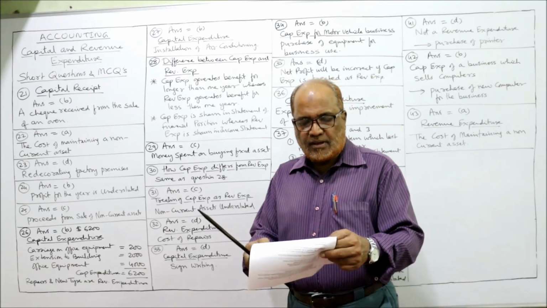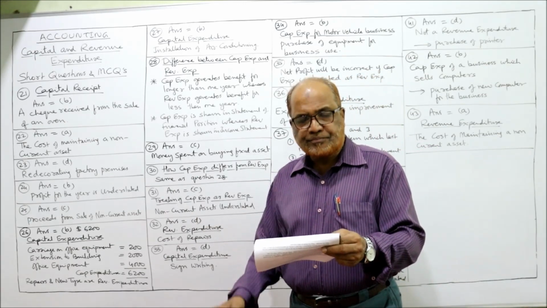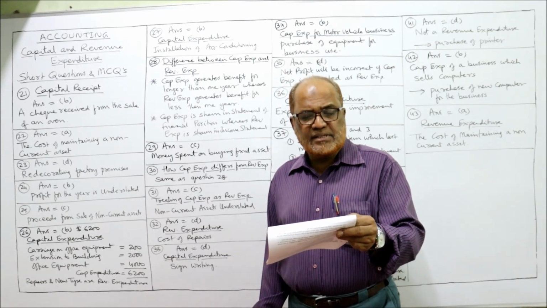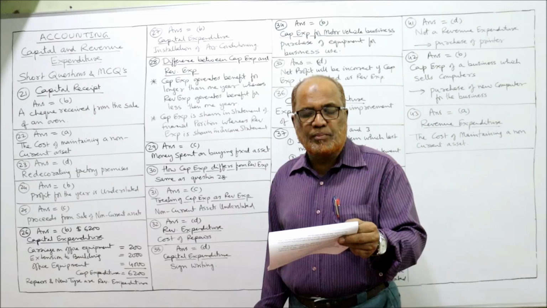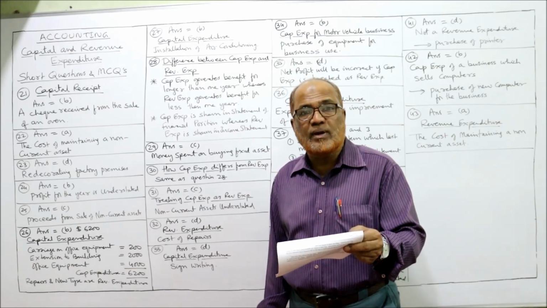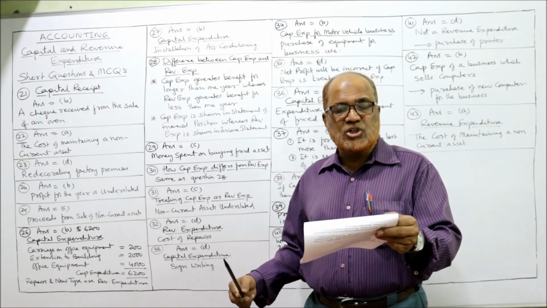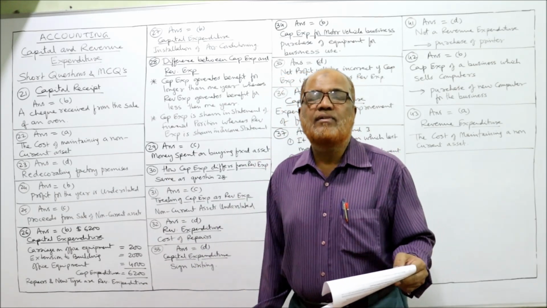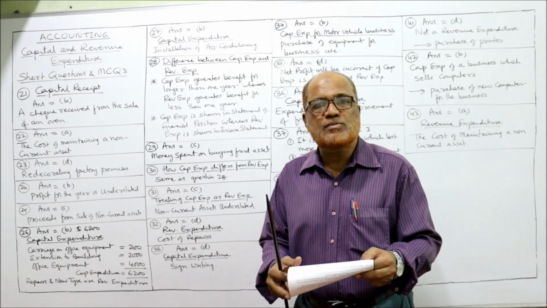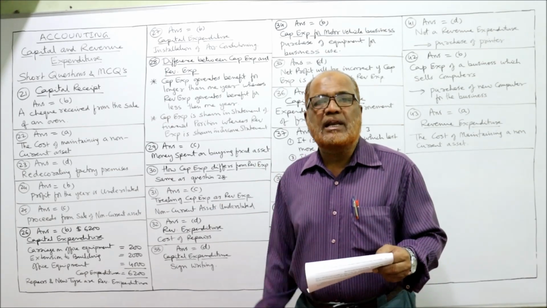C answer. Then 32nd. Again MCQ. A business purchases new production machinery. Which of the following costs will be classified as a revenue expenditure? Business purchased a new machinery and 4 options are given. We have to decide which one is revenue expenditure. First one, cost of delivery.